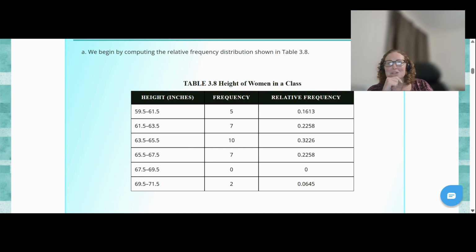That would give an accurate depiction, of course, but do we want there to be that 0 in there? It just depends. We're also seeing a lot in the 63.5 to 65.5 range, 10. Does that tell us a picture? Does it not? I don't know.